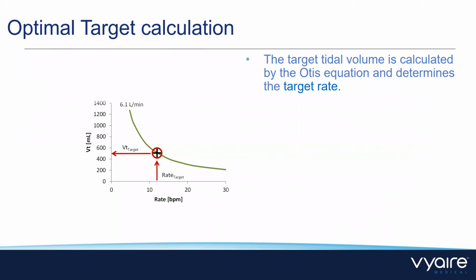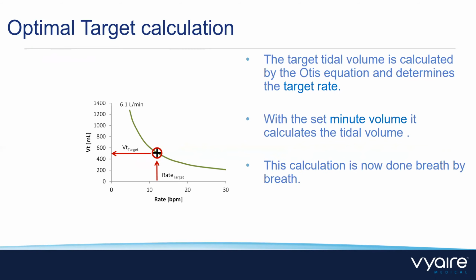And we have now determined also the 6.1 liters per minute. And this automatically leads to a tidal volume of nearly exactly 500 ml. So we just get the one optimum rate from the equation. And since we have determined the minute volume, we automatically get the tidal volume as well. So the Otis is doing the rate, and the tidal volume comes from the minute volume.